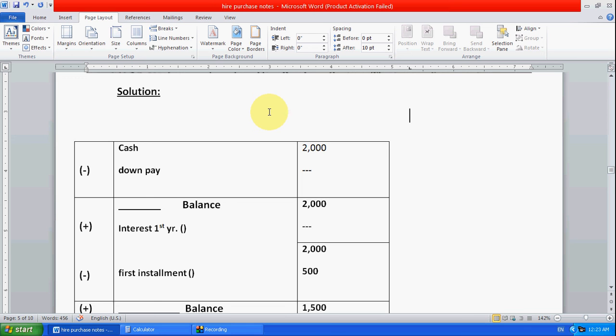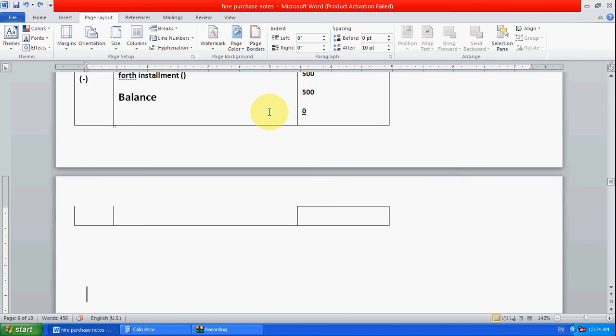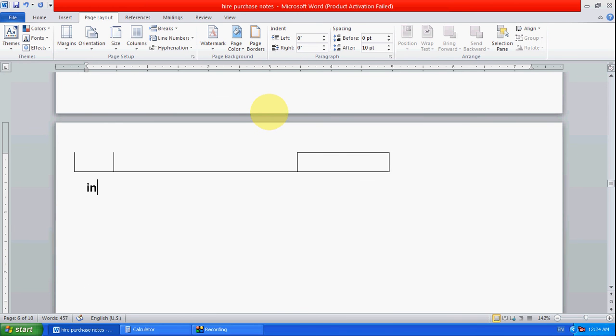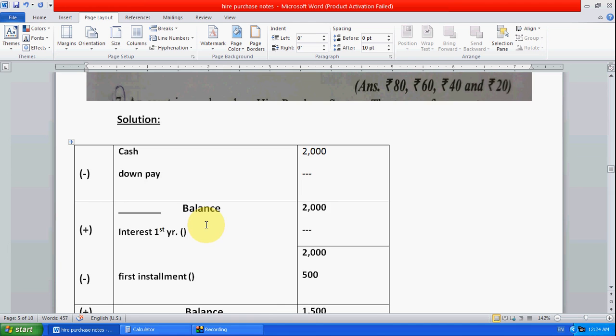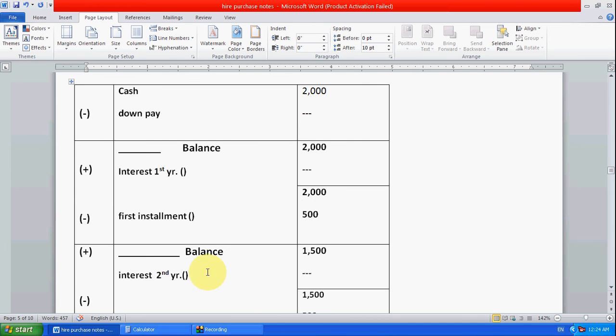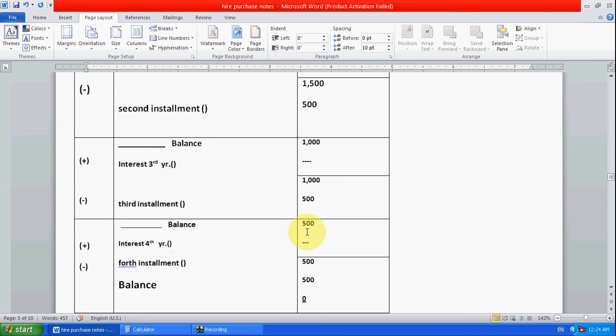We have to write a working note: interest calculation. First year, on 2000 we have to pay interest; second year on 1500; third year on 1000; fourth year on 500.